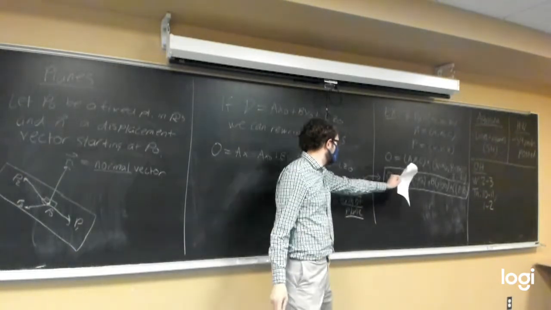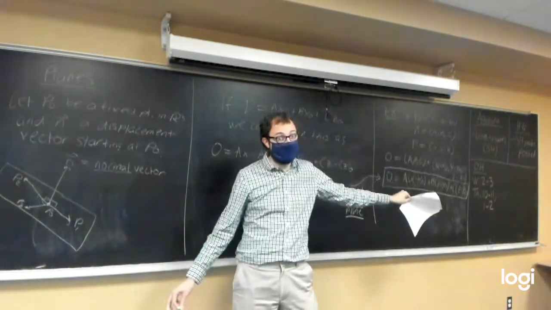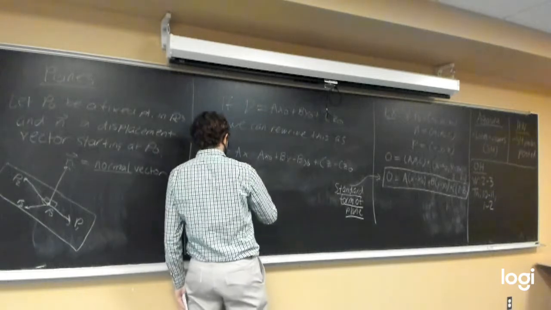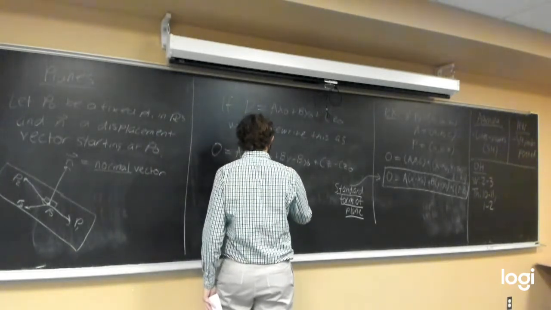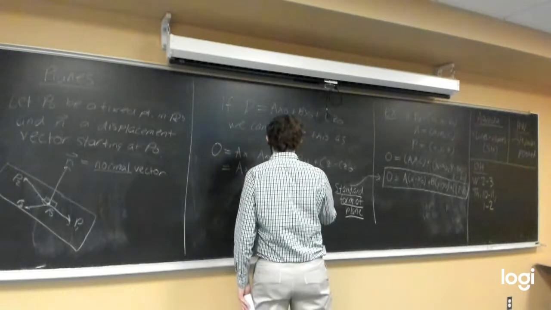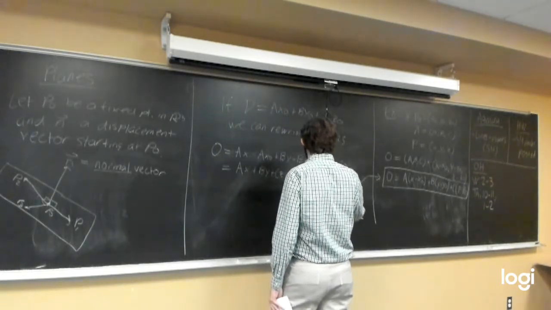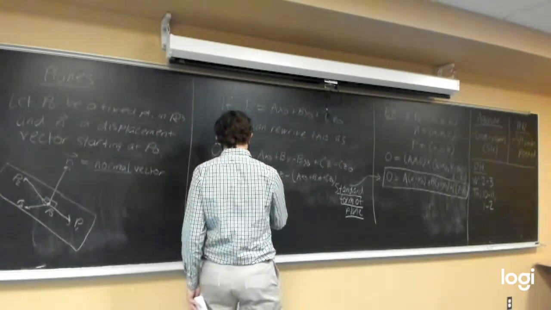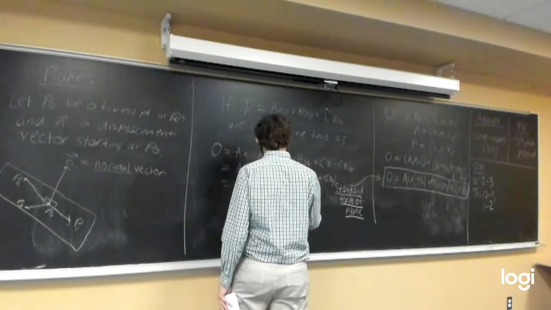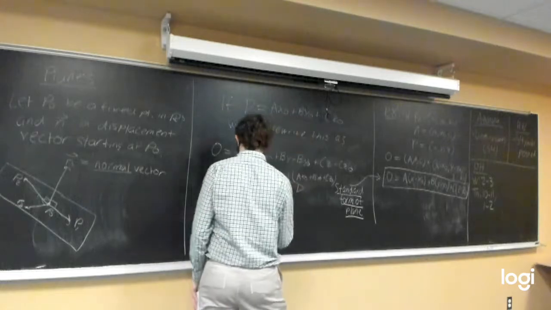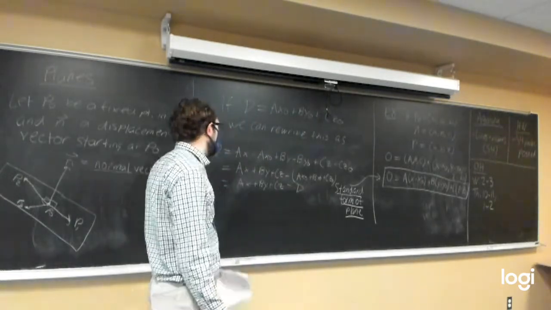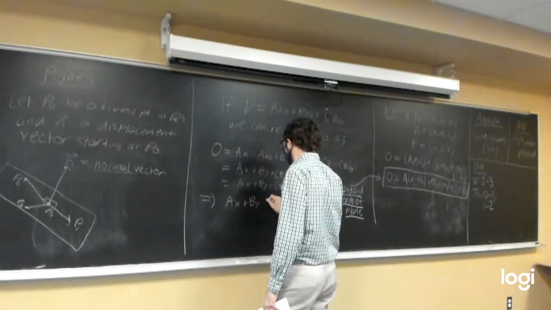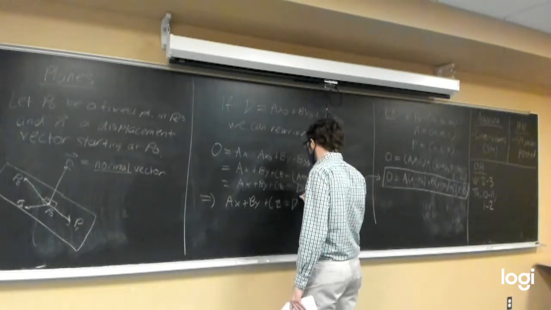Here, I just expanded this out, distributed A, B, and C. I'm going to combine all the terms with x, y, and z to get ax plus by plus cz minus the expression ax naught plus by naught plus cz naught, which is the same as saying ax plus by plus cz minus this d expression. And what we get if we add d to both sides is going to be the equation ax plus by plus cz is equal to d.